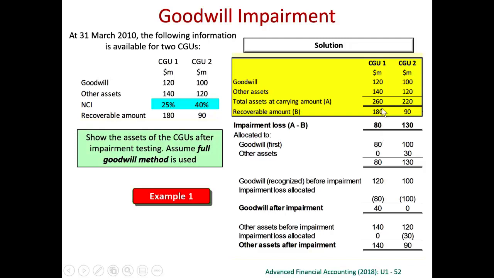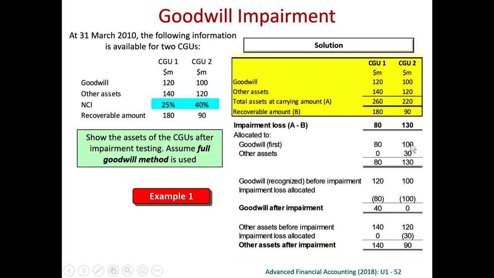So therefore, in this case, because the impairment is 80, you will debit impairment loss 80 and credit goodwill 80. So in your consolidated financial statement, goodwill will be reduced by 80, and therefore the carrying amount will become 180. If the impairment loss is more than the goodwill, the maximum amount that you can credit away from the goodwill is only 100.